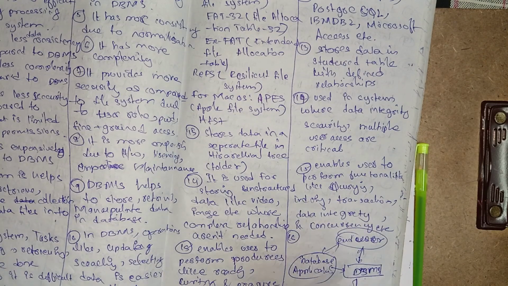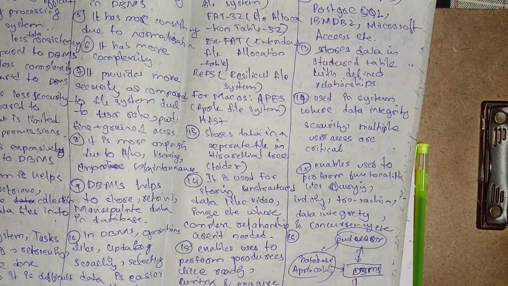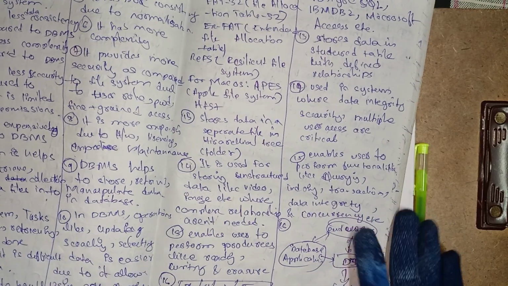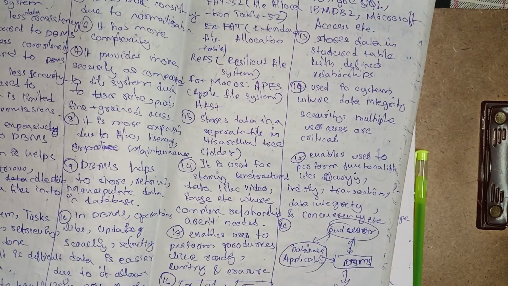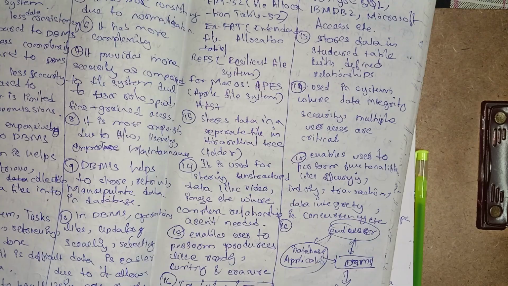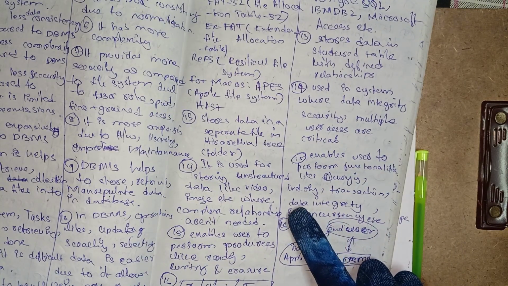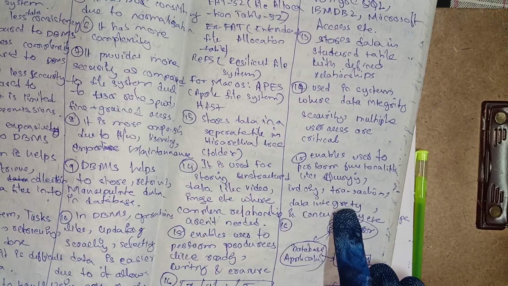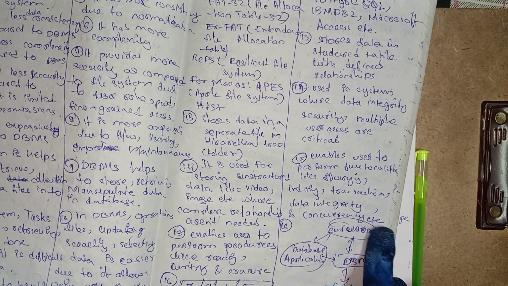And transaction means performing some step by step operations on a data item. A data item example is a bank account. So a transfer of an amount between two data items, meaning two different accounts, is called a transaction. And data integrity and concurrency: concurrency means performing multiple transactions at a time, simultaneously.